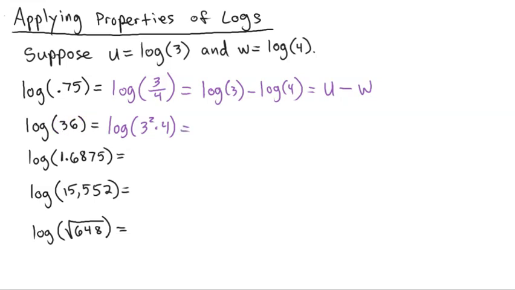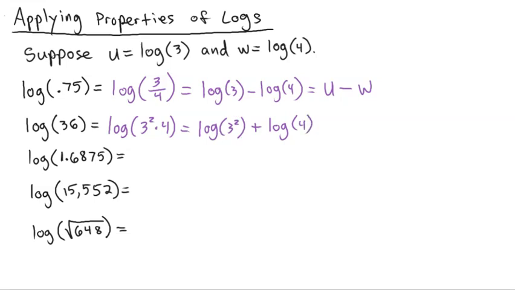Now, because it's multiplication, we can break it up into 2 logarithms, one for 3 and one for 4. Multiplication inside becomes addition between 2 logarithms. So we'll do log of 3 squared plus log of 4.